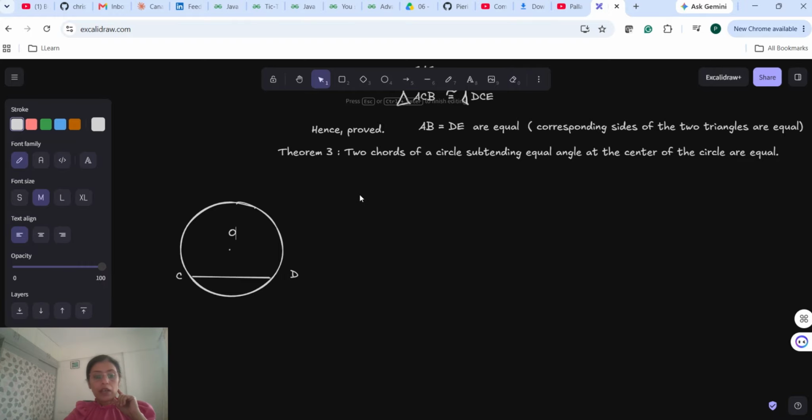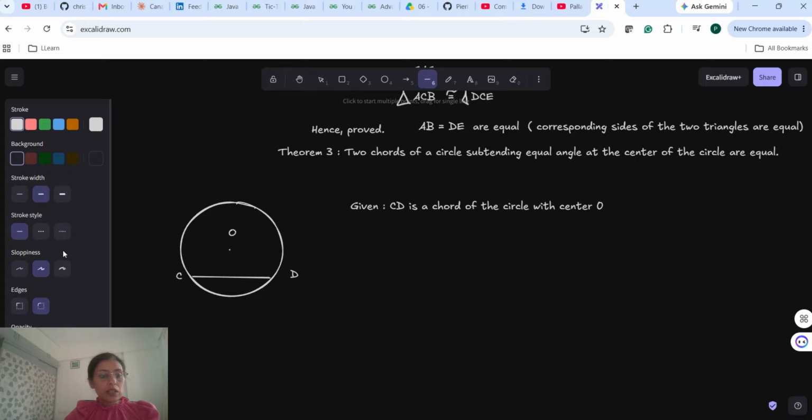So when I write it, what is given to me? Given is CD is a chord of the circle with center O. This is given to me. And then I'll be drawing a line.